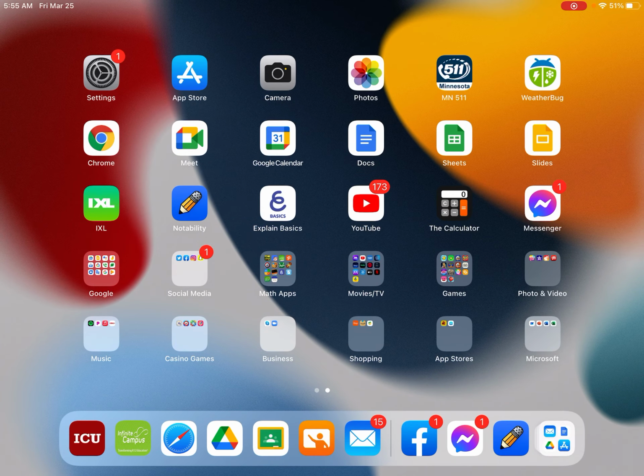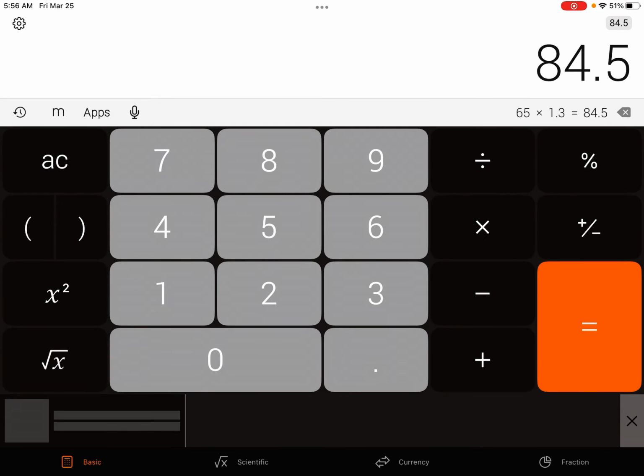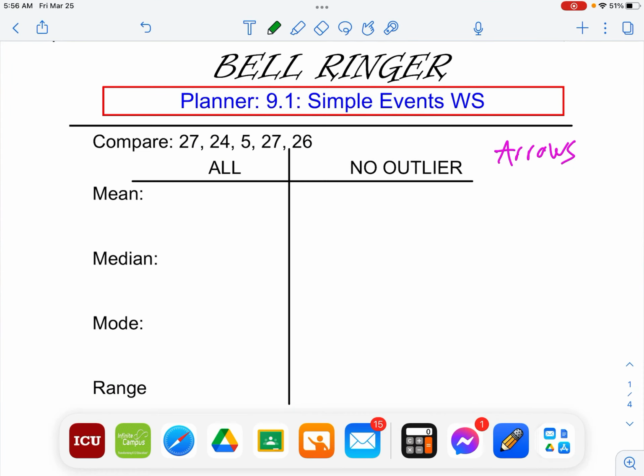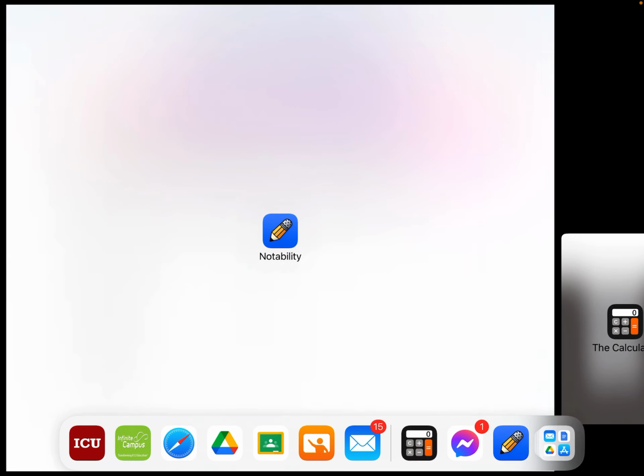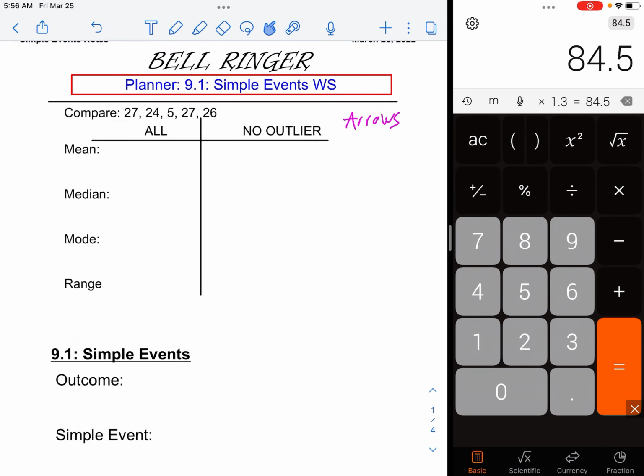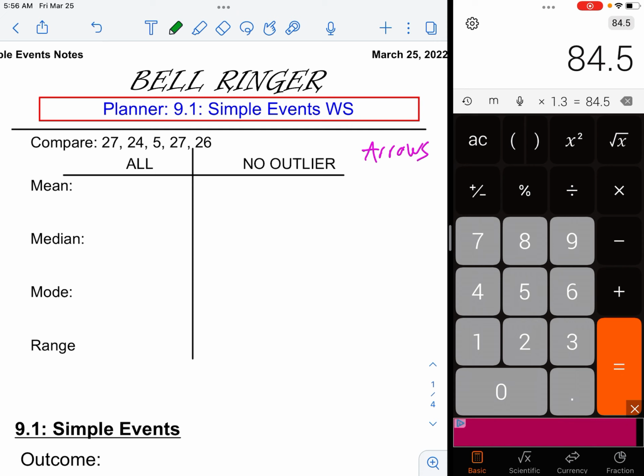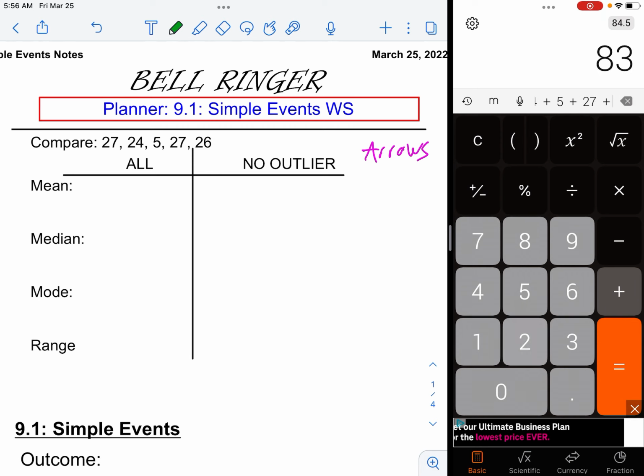Okay, so I'm gonna grab my calculator here. So mean would be 27 plus 24 plus 5 plus 27 plus 26.